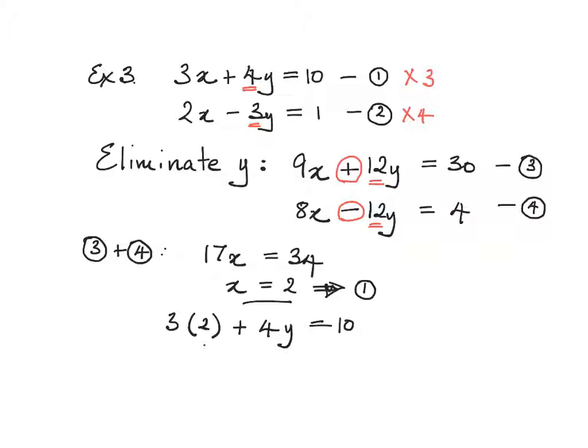So 6 plus 4y equals 10. If I subtract 6 from both sides, 4y equals 4 and y equals 1. And my solution then is x equals 2 and y equals 1.